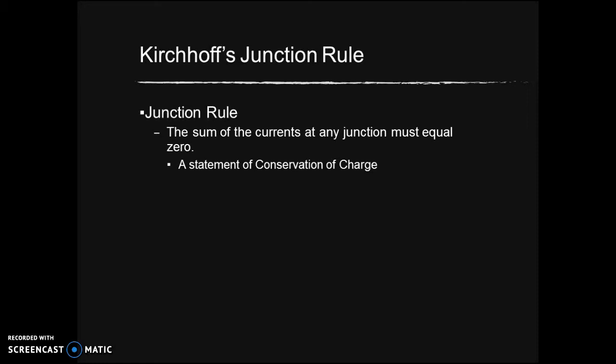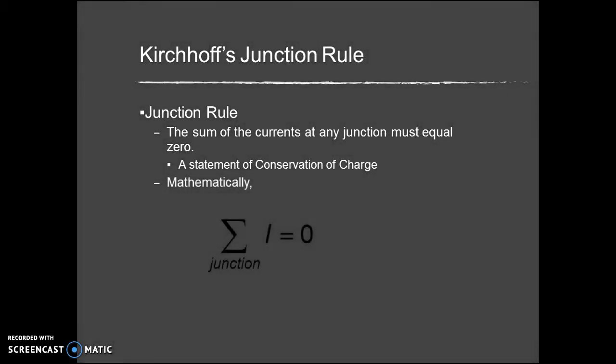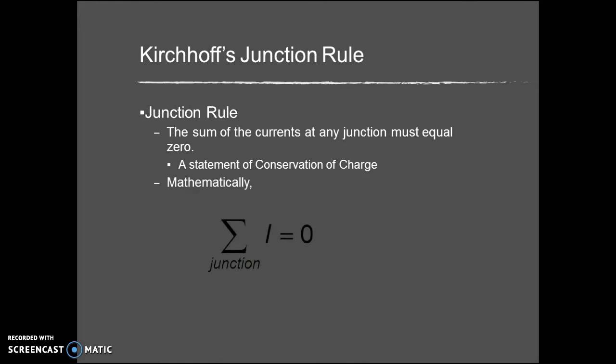The first rule is a statement of conservation of charge, and the equation for the first rule is shown here. An alternate equation would be sum of currents going in equal to sum of currents going out.